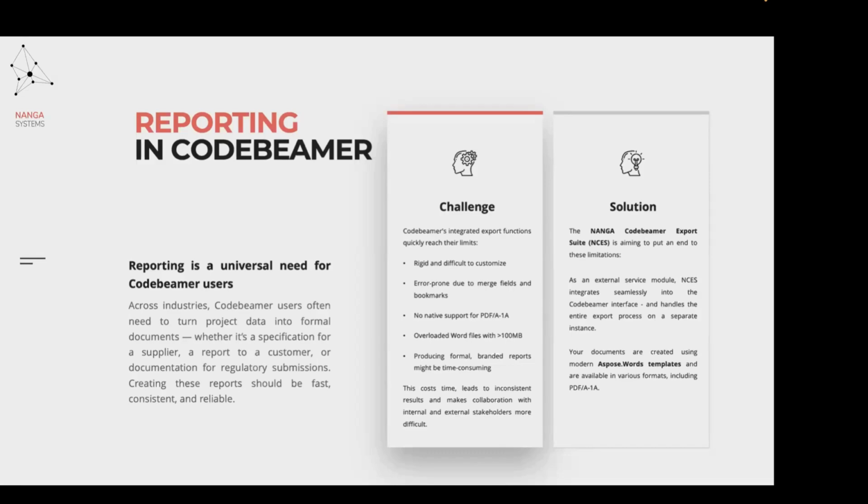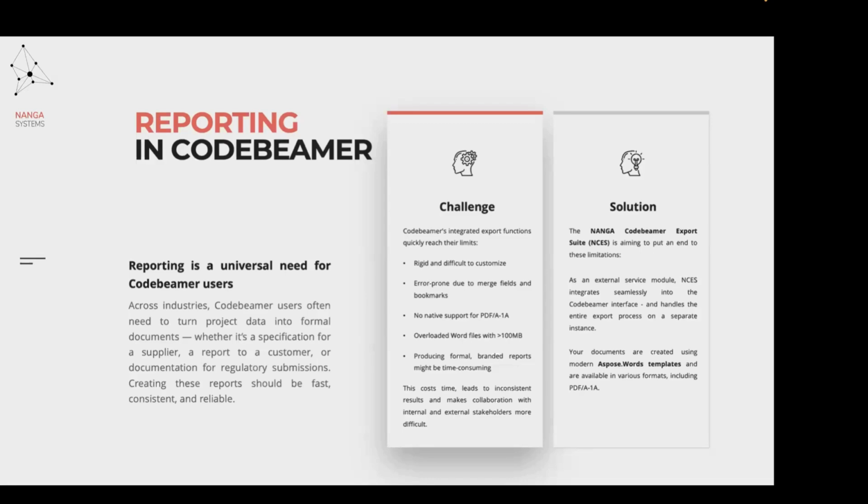The challenge in Codebeamer when it comes to the out-of-the-box functionality is that the rules are set. We use merge fields and bookmarks, as you might know. The functionality of these, of course, cannot be customized, and we have to learn the framework, learn the workarounds.